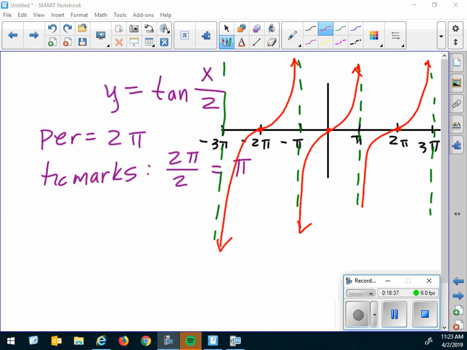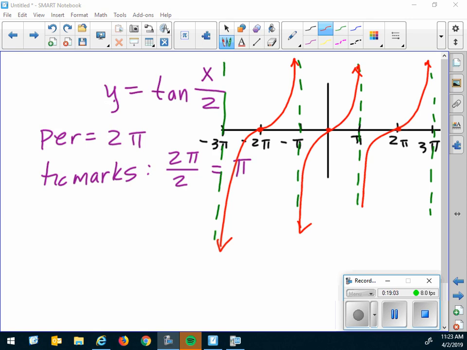So C affects a phase shift. What does D do? D would give you a vertical shift. Again, the most important ones to know about graphing are sine and cosine. That's why I've spent the bulk of the time there. But I just need you to have a basic understanding of the other 4 trig functions, okay?